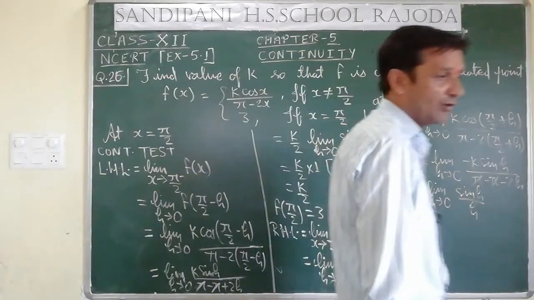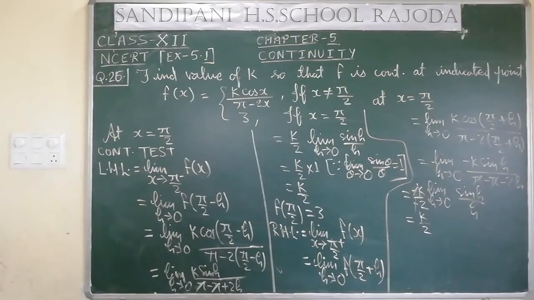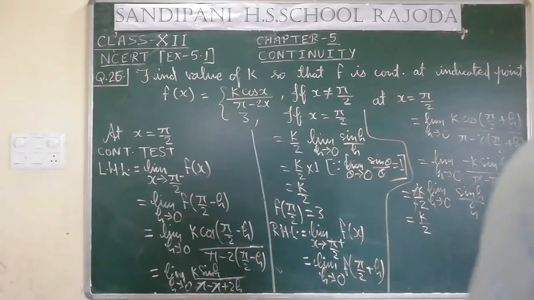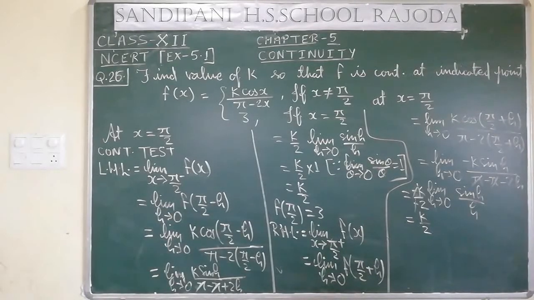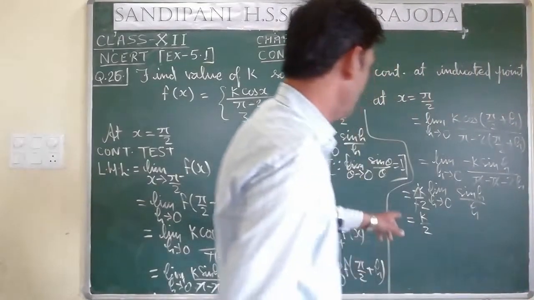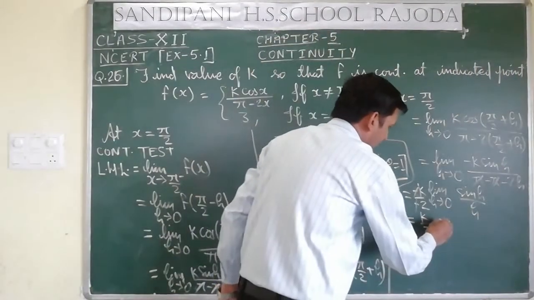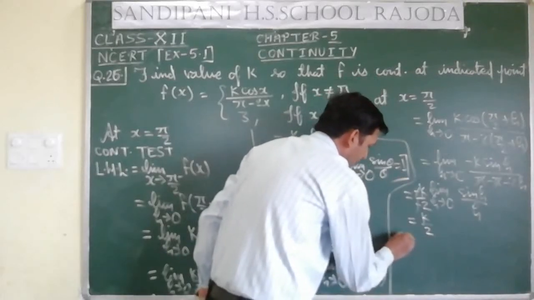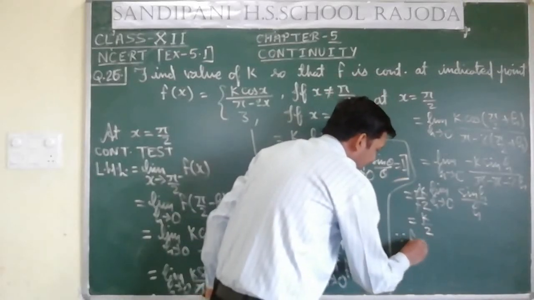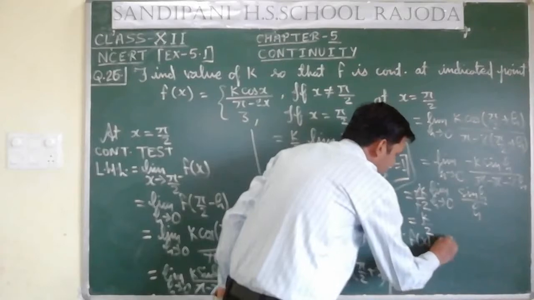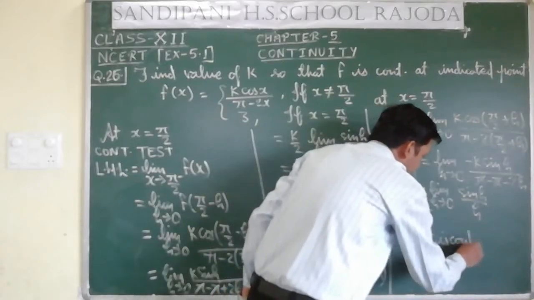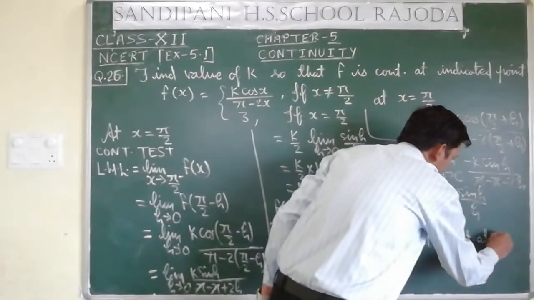But here we have to mention one thing, that k by 2, because f of x is continuous at x is equal to pi by 2.